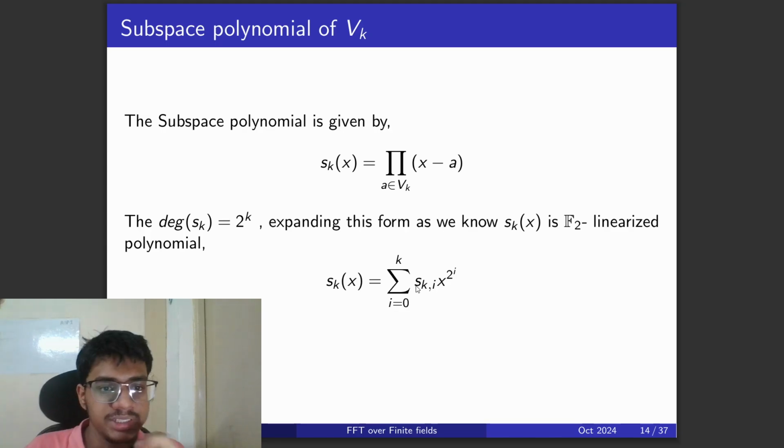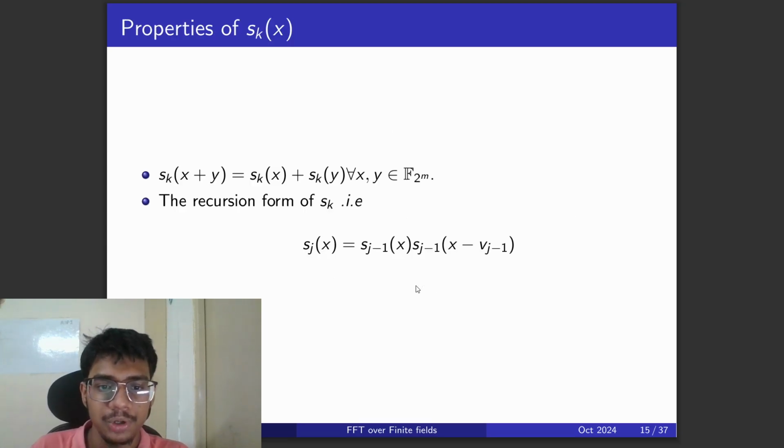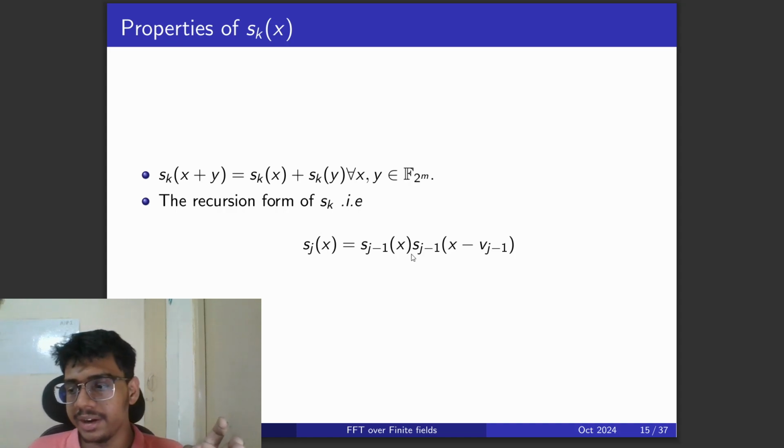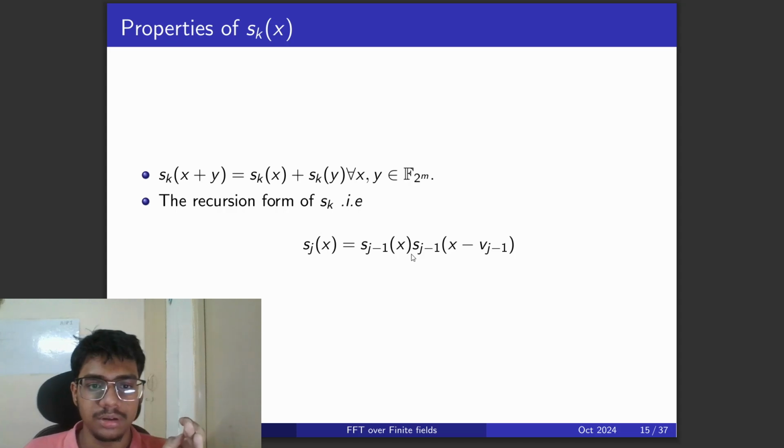Moving on, this subspace polynomial has some derived properties. So S_k(x plus y) equals S_k(x) plus S_k(y), where x and y are in the finite field of dimension 2 to the power of m. Also, we have a recursion form for our subspace polynomial, which is this.